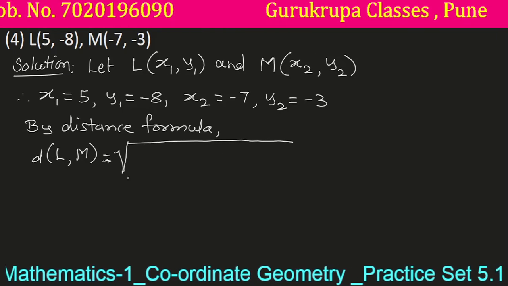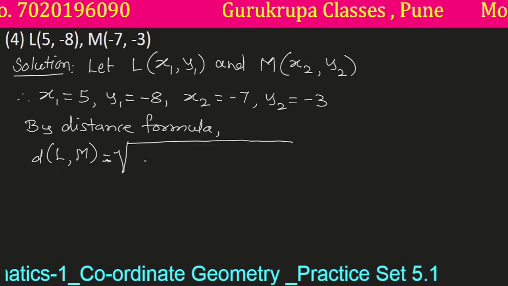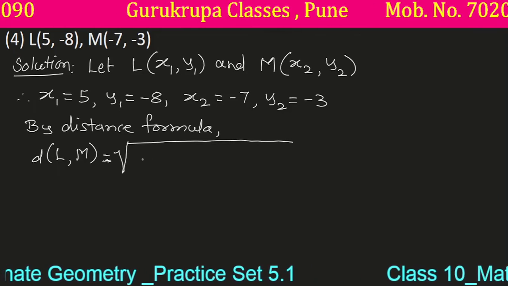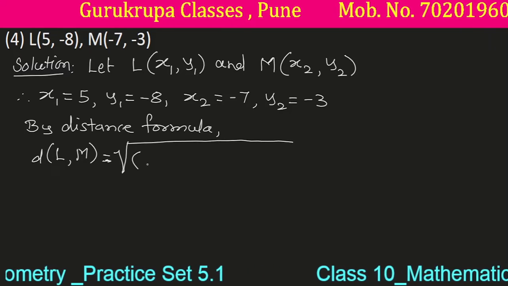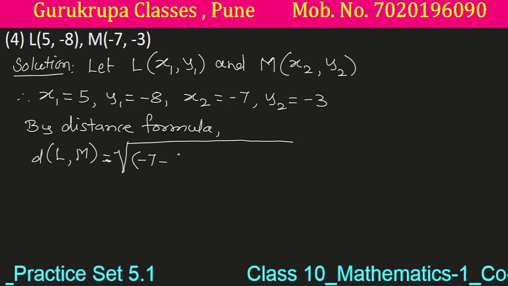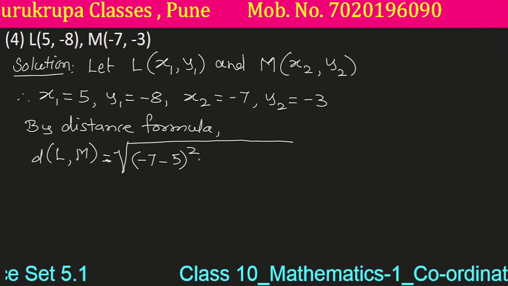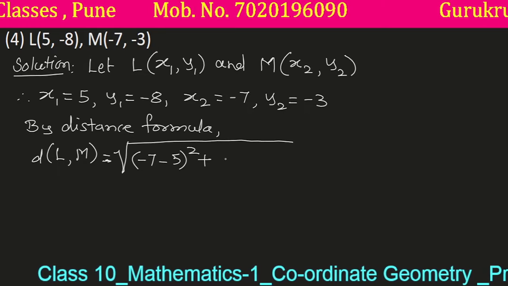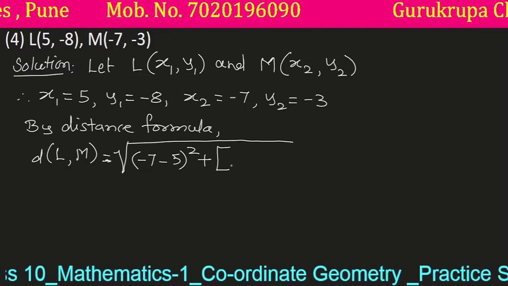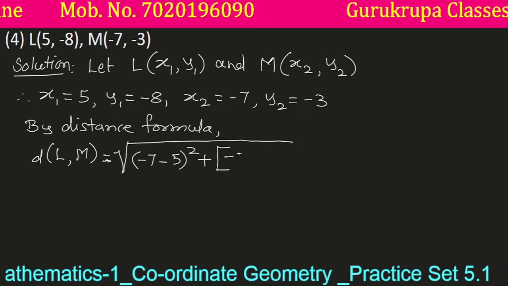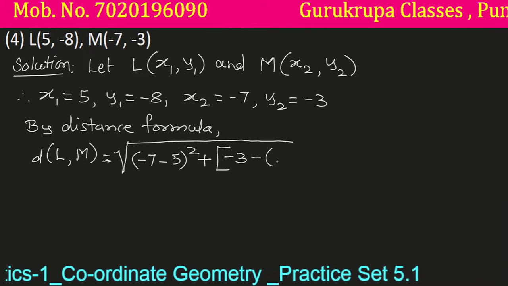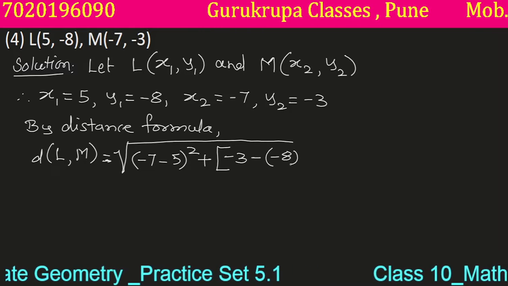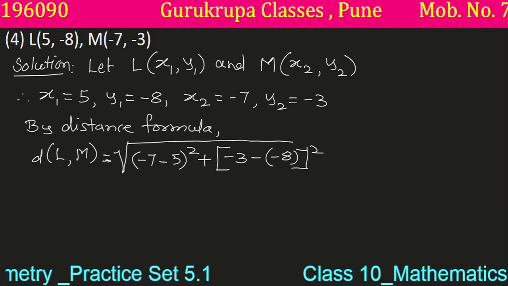We take the radical sign here, and x2 is minus 7, so (minus 7 minus 5) square, plus y2 is minus 3, and y1 is also negative, so we take the square bracket: y2 is minus 3 and y1 is negative, so (minus 3 minus minus 8) whole square.